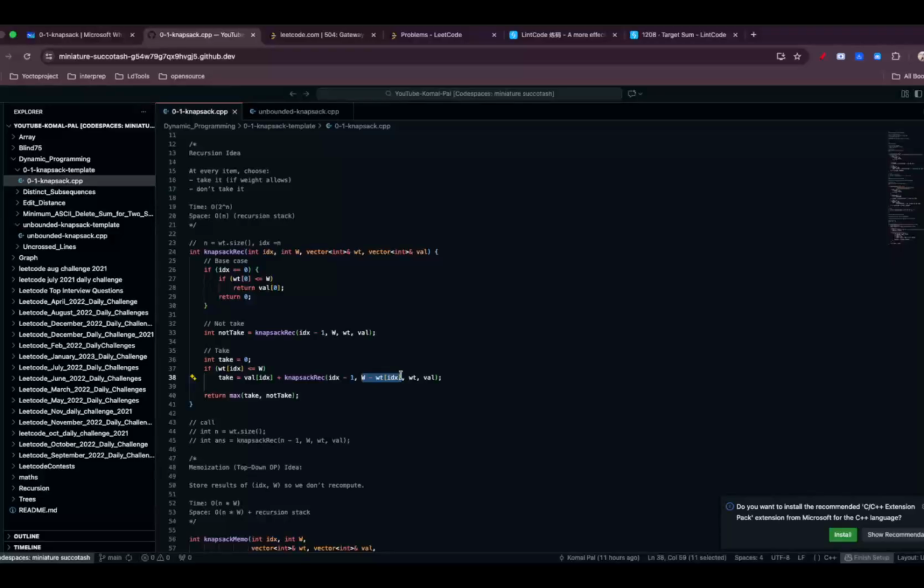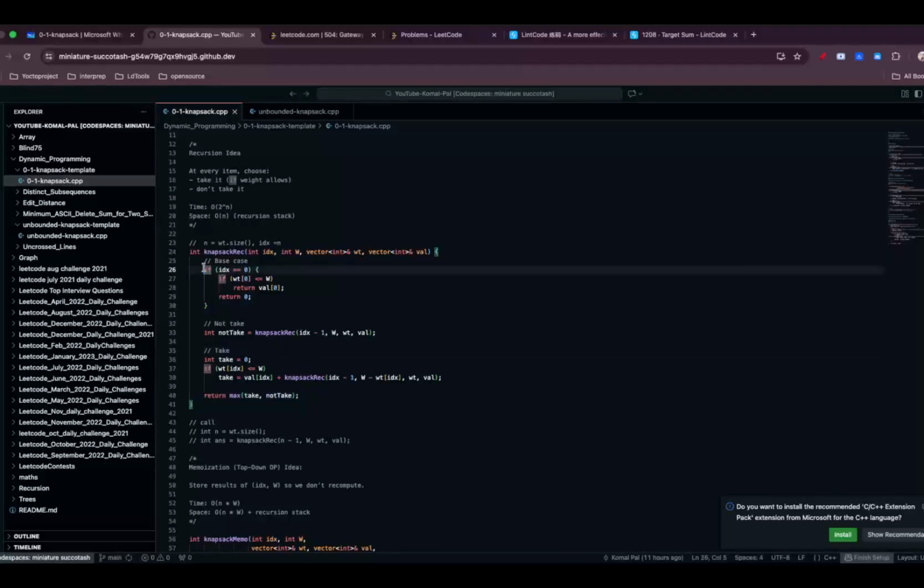After subtracting that smaller weight from the bigger weight, now we can accommodate only the remaining capacity which is left. So that's why we are subtracting here, and weight and value as they are because we are passing them as input. So this will be the take case, this will be the not take case, and then at the end we need to return the maximum of take and not take that we get from those recursive branches.